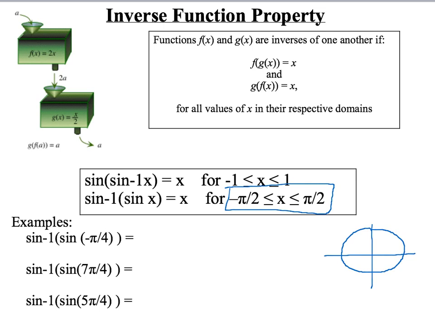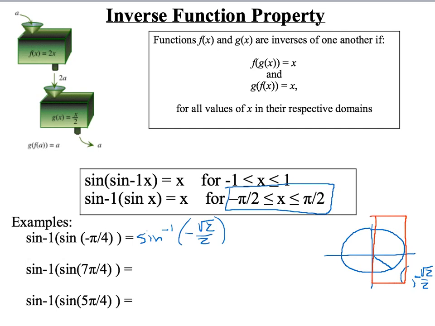And so the first one, negative pi over 4, does put us in the 4th quadrant. Our y-coordinate there is negative square root of 2 over 2. And so we would essentially here be asked to find out what the inverse sine of negative square root of 2 over 2 is. And in a restricted domain for the sine, we have to remember that our restricted domain keeps us in the 1st and 4th quadrants.